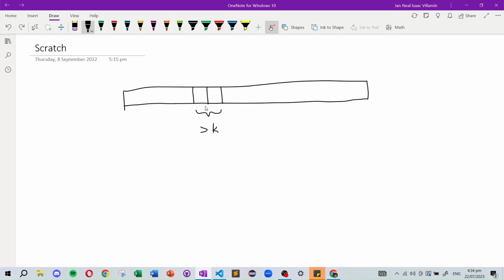but neither can those elements towards the left, because they have at least the same distance or difference between this and this, and similarly in this case.